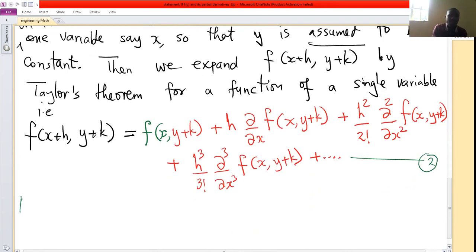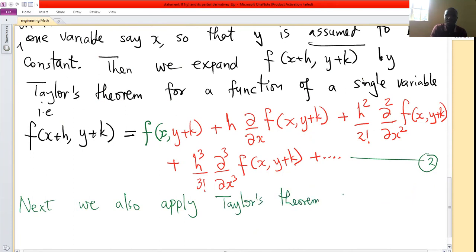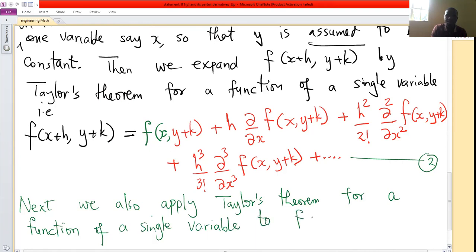Next, we also apply Taylor's theorem for a function of a single variable to this function f of x comma y plus k.